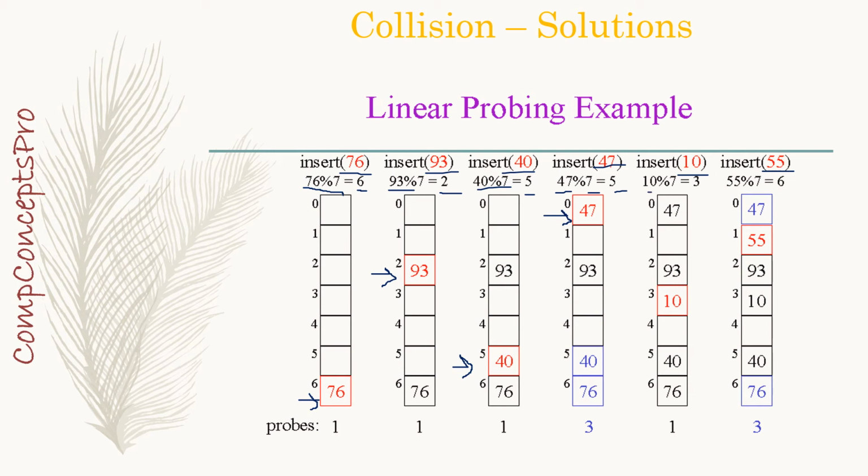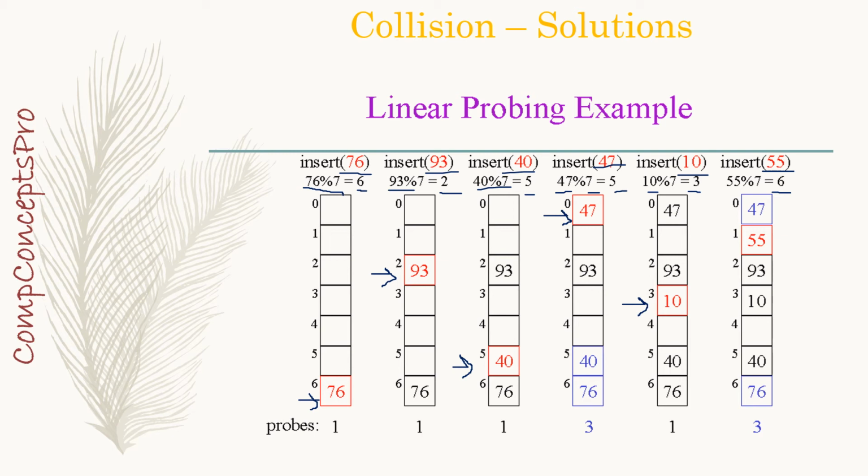The next key is 10. 10 mod 7 gives 3. So 10 can be stored at the index position 3 without any conflict. And finally, the last key is 55. 55 mod 7 gives 6, where there is again a collision.